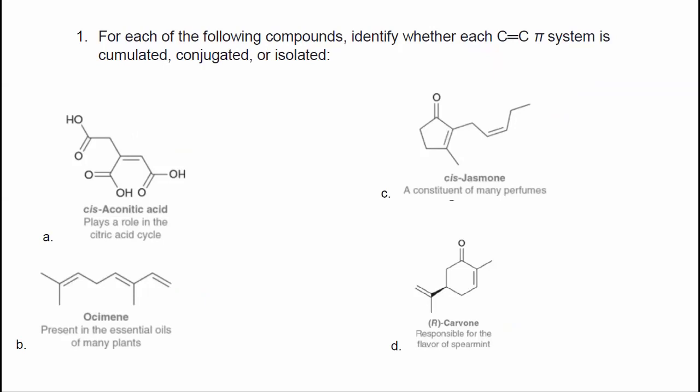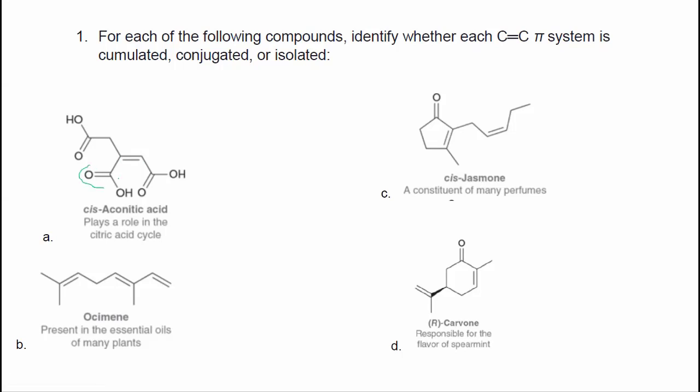All right, so which of these we want to identify if they're conjugated, accumulated, or isolated. The first one, this is a molecule that is involved in the citric acid cycle, which is one of our biological pathways that's used to make energy. We're looking at alkenes that are conjugated, and remember that they can be conjugated with heteroatoms.